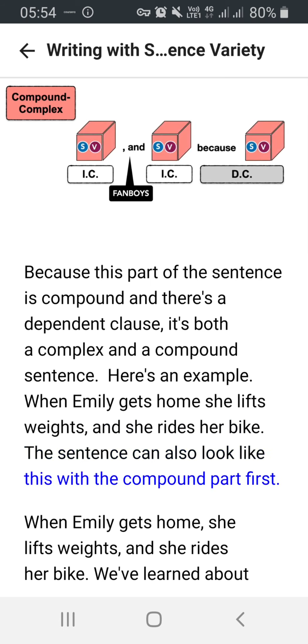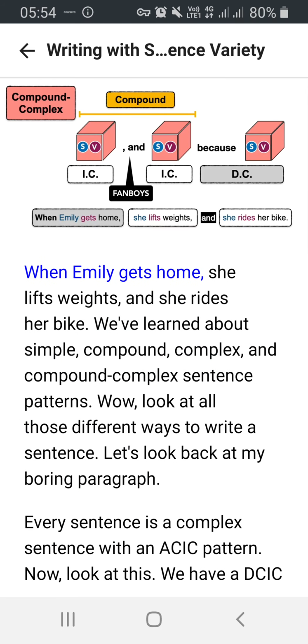The sentence can also look like this, with the compound part first. When Emily gets home, she lifts weights, and she rides her bike.